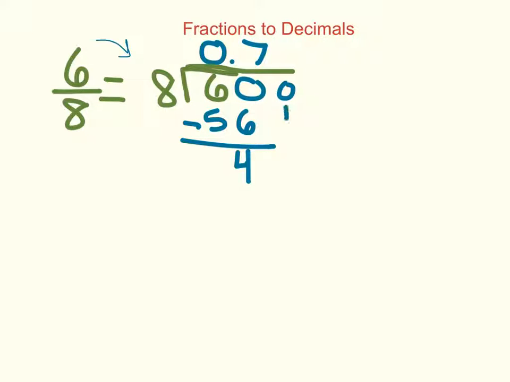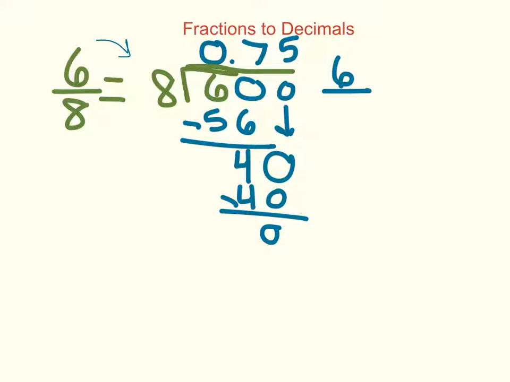We bring down another 0 because we do not have a remainder of 0 yet. 40 divided by 8 is 5. 5 times 8 is 40. We subtract and are left with 0. We can now say that 6/8 in the decimal form is 0.75, or 0 and 75 hundredths.